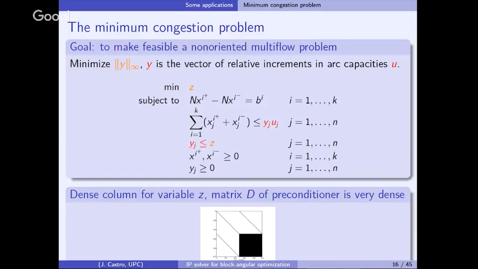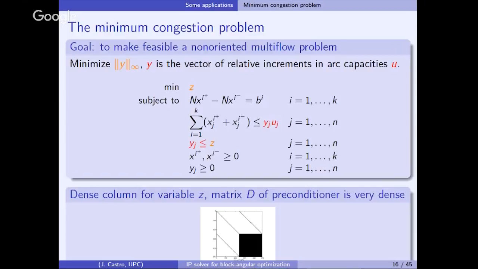And so for this purpose, we multiply the capacities by y. y is a scalar associated to each arc. j is indexed over the number of arcs, okay? So we multiply the capacity of each arc by y_j, and we want to minimize the infinity norm of y. That is, we want to minimize the maximum of the increments, okay?